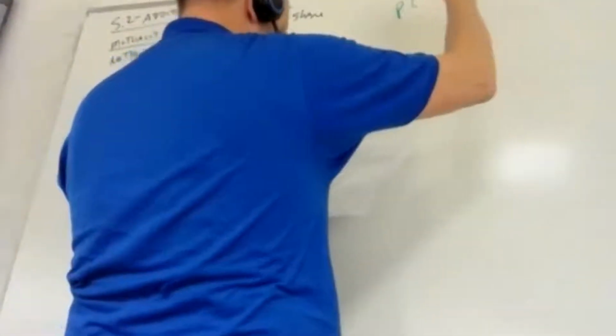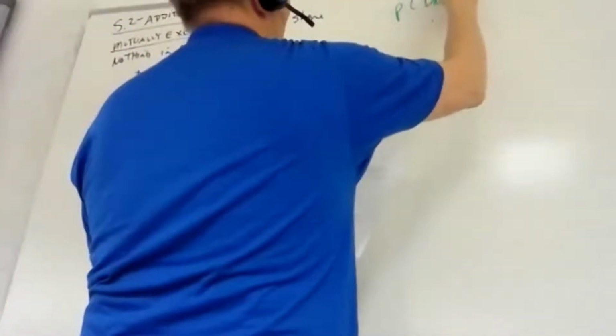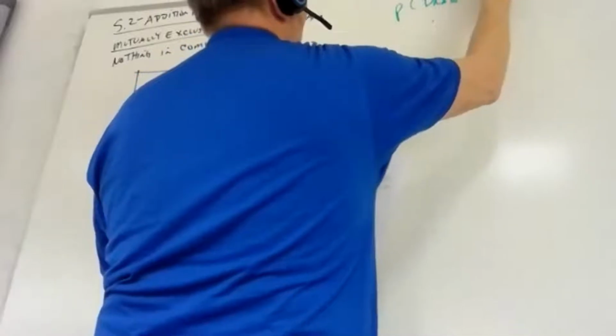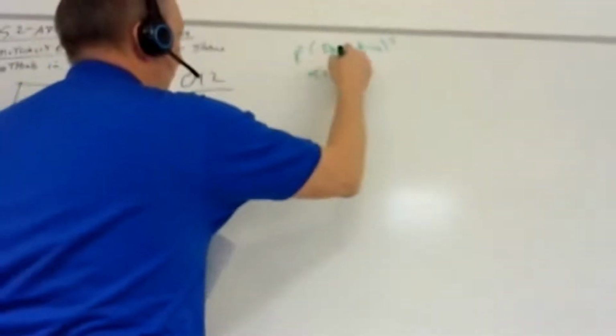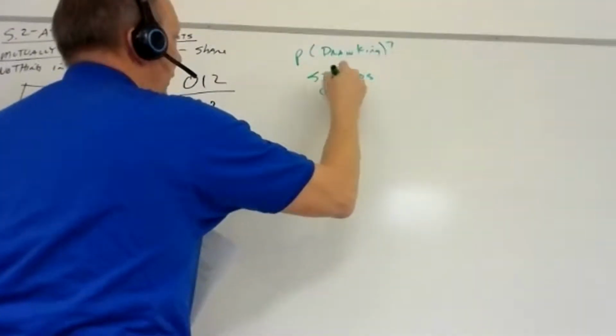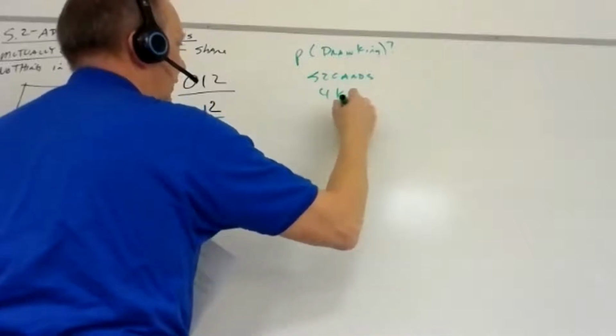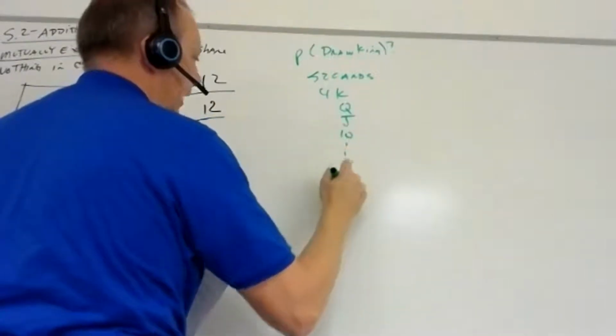what's the probability that I draw a king? There's going to be some card problems on here, by the way, so I'm going to expect everybody to know this. Really quickly, there are 52 cards in a deck. You've got 4 kings, queens, jacks, 10s, all the way down to 2s.